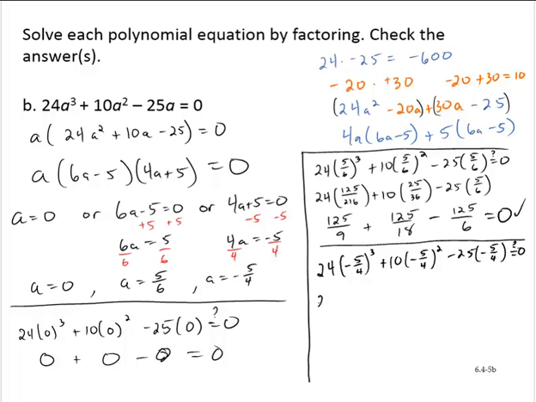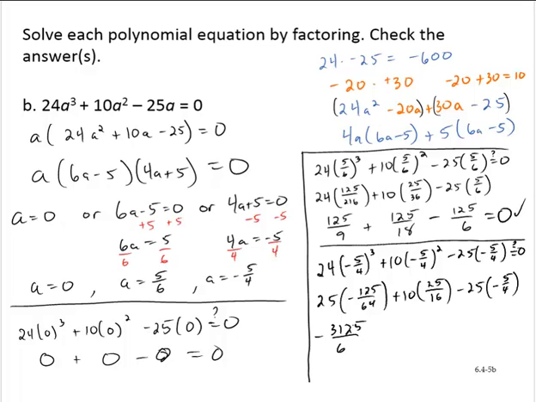All right, so that's 24 by negative 125/64 plus 10 by 25/16 minus 25 by negative 5/4. Again, I'll go through this arithmetic using a calculator. 24 by negative 125 over 64 is negative 3,125 over 64.